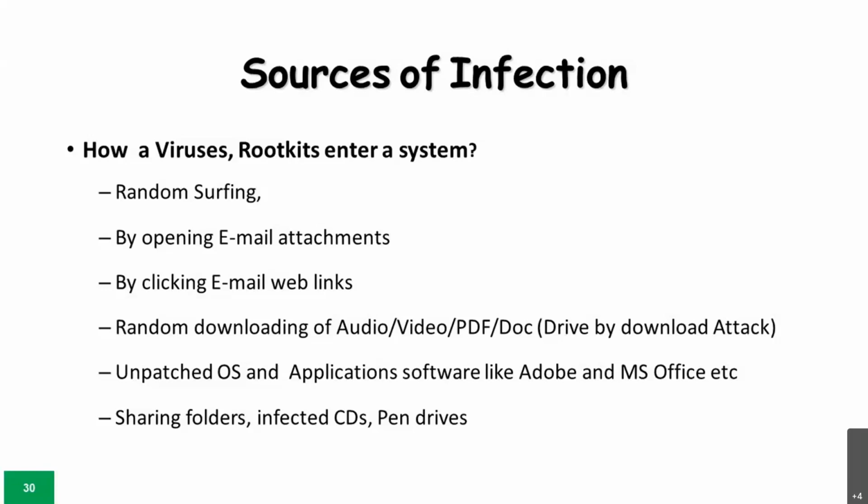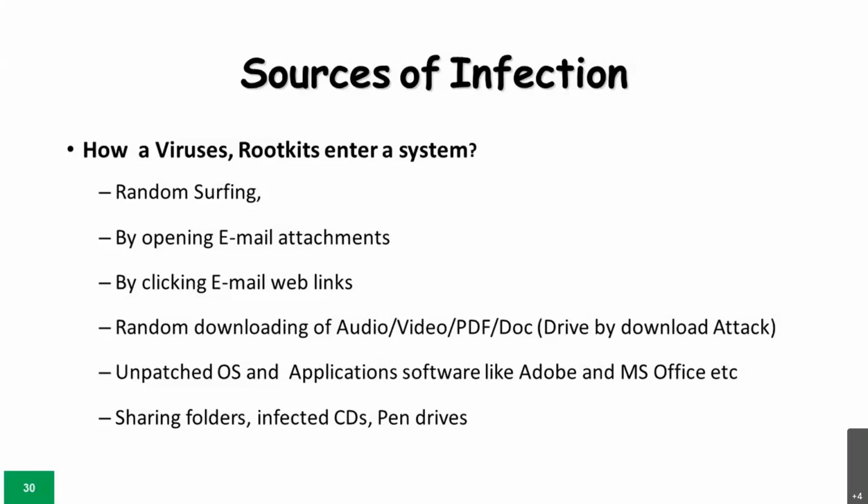So what do we need to do? If we need to download a PDF, doc, audio, or video, we should use authentic websites. Suppose we are downloading Chrome software. The software should be downloaded from the Chrome website, not other websites.